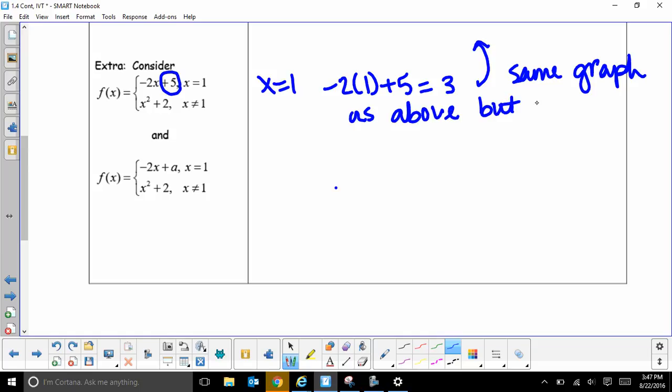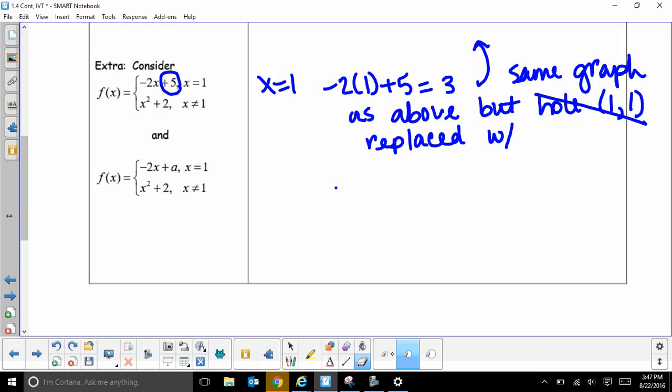But the hole at 1, 1 that we saw up there is replaced with, oops, sorry, the hole wasn't at 1, 1. The dot, let's erase, not the hole, the dot at 1, 1.